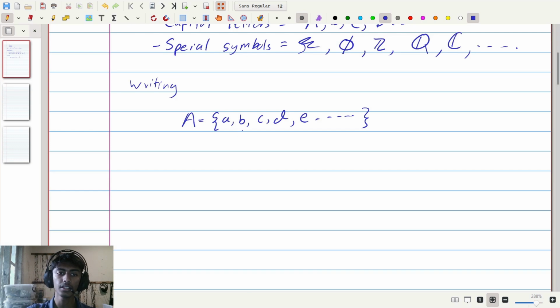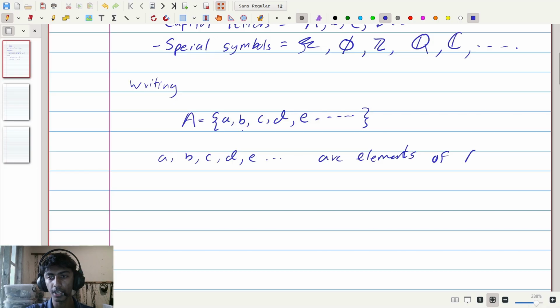And here it's important for me to clarify what these are. In the nomenclature, these are called elements of the set. So here a, b, c, d, e, and so on are elements of the set A. This is the nomenclature.